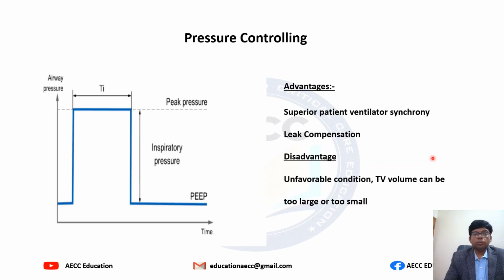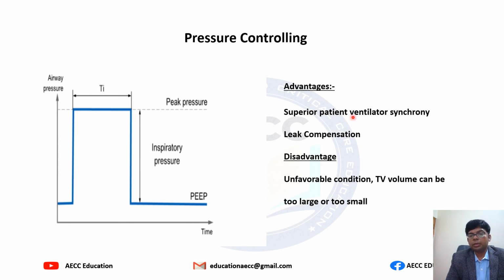Pressure control mode, here the pressure is constant, and this will be achieved by increasing the inspiratory flow to reach the pressure that is set by the operator in the ventilator, and this pressure is the inspiratory pressure and this is the inspiratory time. It has certain advantages.